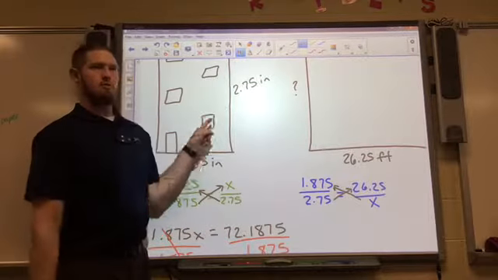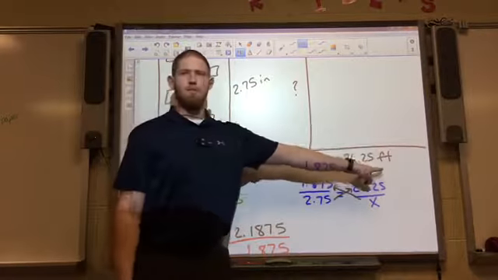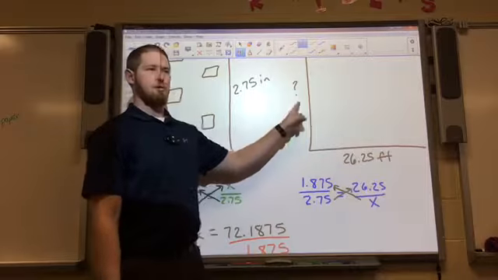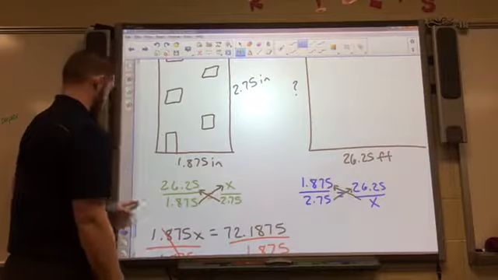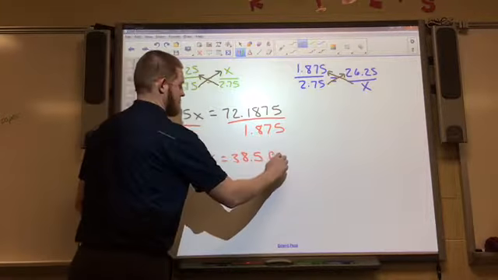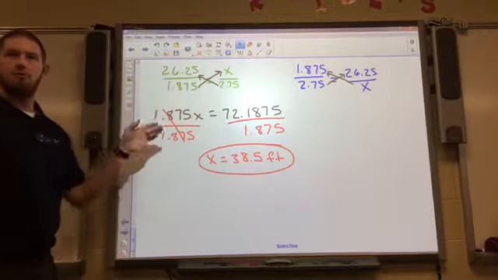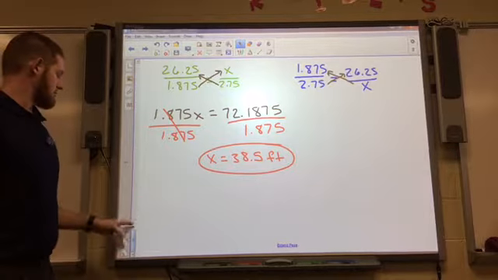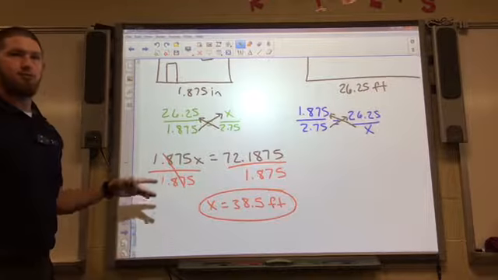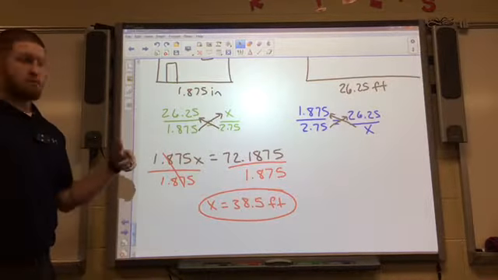This was in inches. This was in feet. So what's my answer in? Feet. Good. Did it matter that I had 2 different labels? No. Okay, as long as you have 2 of each, you're okay.